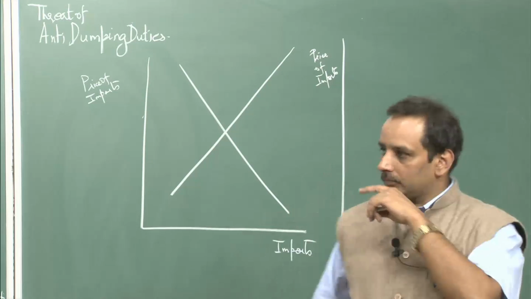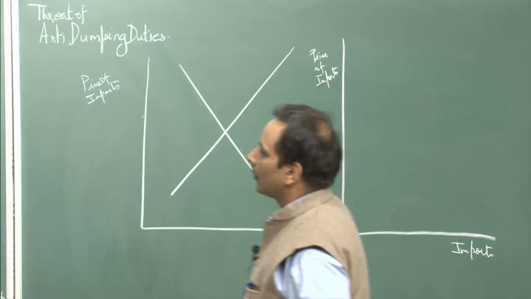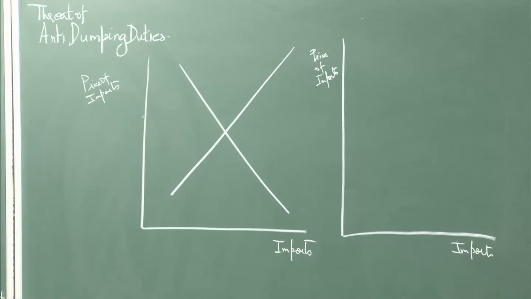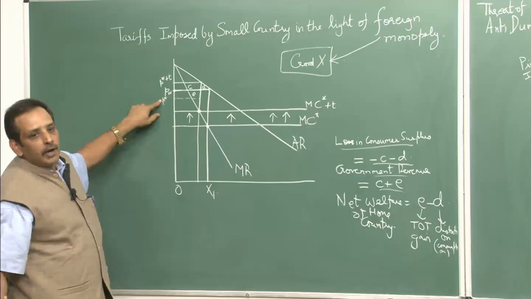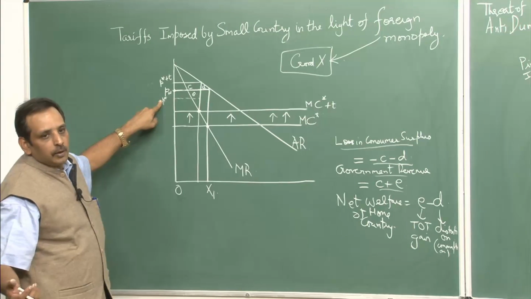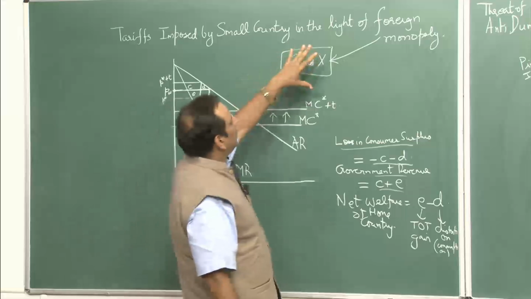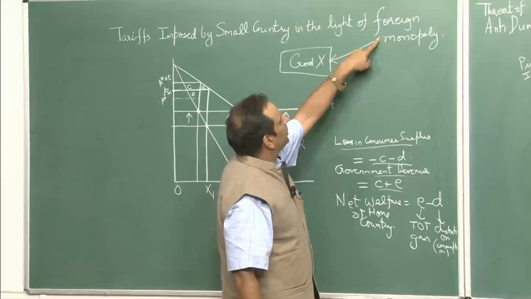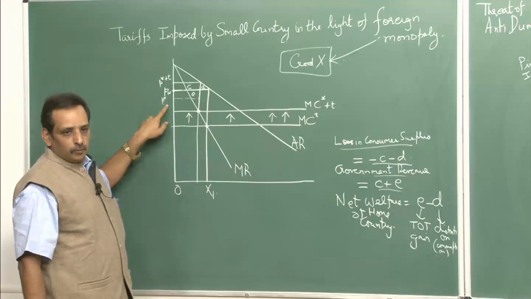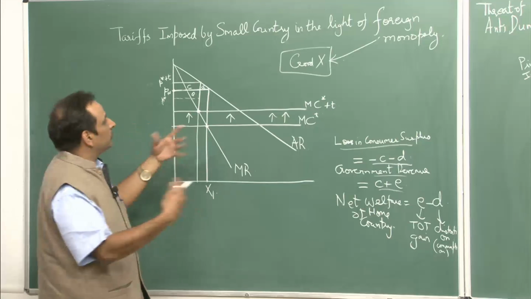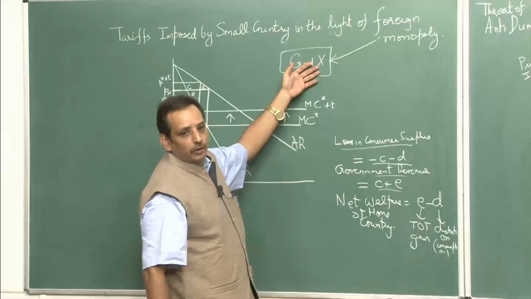The rest of the world would remain at PW or P star? Would it go to P star in the rest of the world? Now in the rest of the world, one wouldn't know that it is P star, because see, this is a case where this person reduces the price in this market for the domestic market, because there is no one else providing this product.